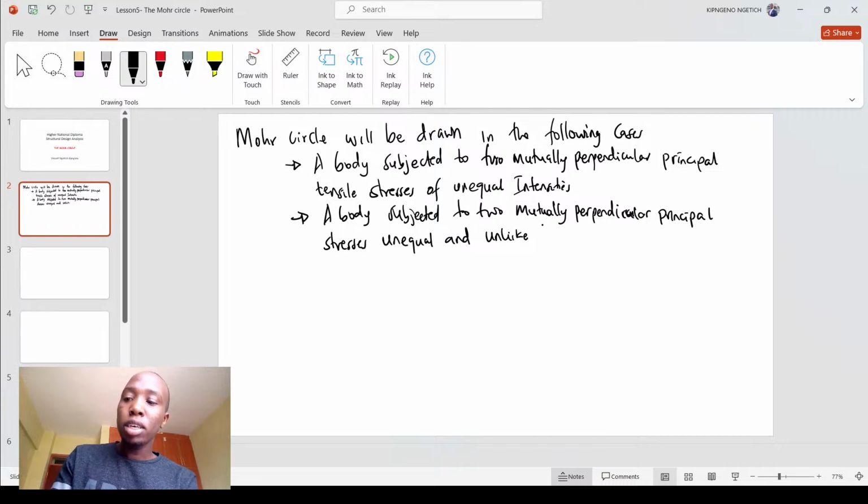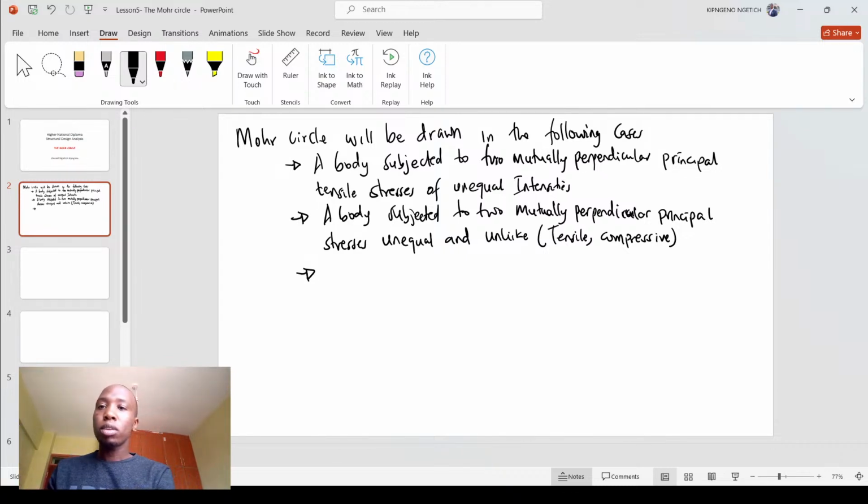By that I mean one is tensile and the other is compressive.